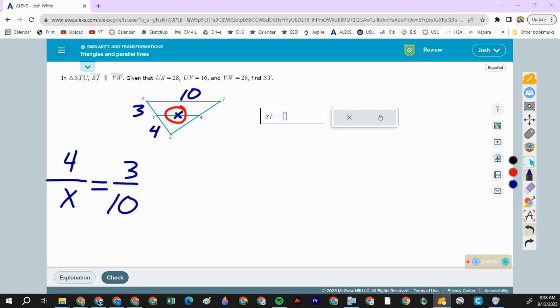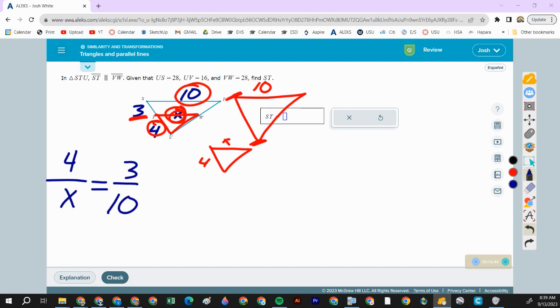No. Why is 3 over 10 wrong? So if I separate out those two triangles, 4 and x, and then 10, what is this length? It's 7, right? So these are both part of the small triangle, and 10 is part of the long triangle, but 3 is not. It's only a piece of it. So in this case, we have to add the 3 and the 4 together and get 7.